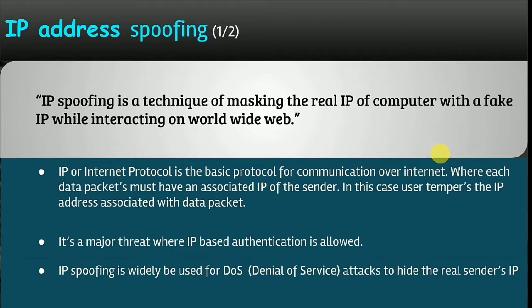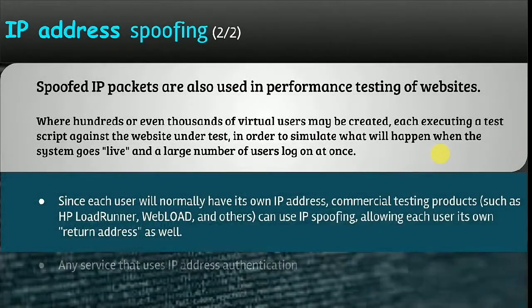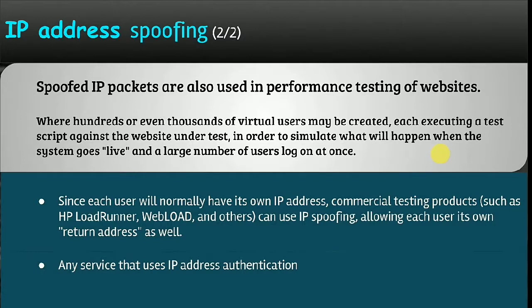First of all, let's discuss IP spoofing. It is widely used in DoS, denial of service attacks, to hide the real sender IP. Spoofed IP packets are also used in performance testing of a website, where hundreds or even thousands of virtual users are created, each executing a test script against the website under test in order to simulate what will happen when the system goes live and a large number of users log on at once.